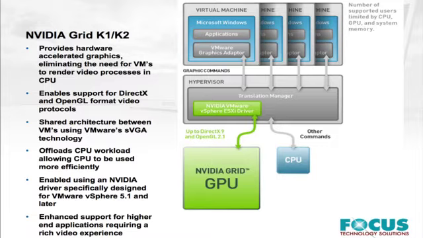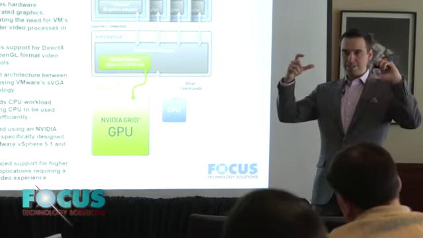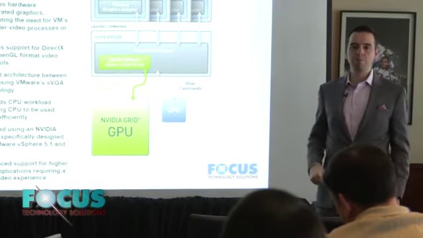Grid is basically NVIDIA's high-end GPU platform that can be shared within your virtual desktop environment. It's a graphics card. If any of you are gamers, it's similar in size to a GTX 760, about yay big, so it doesn't fit in a blade platform at all.